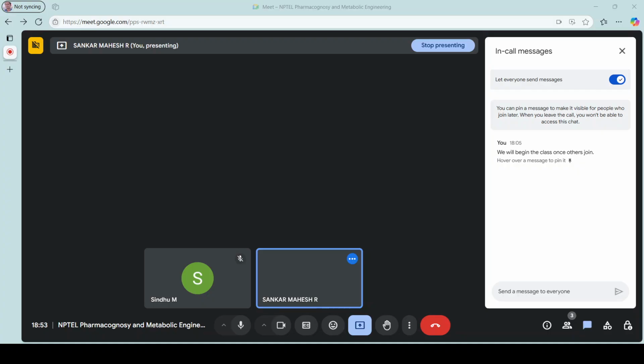The next question is, autooxidation of artemisinic acid gives rise to option A, arteannuin B, option B, artemisinin, option C, dihydroartemisinic acid, and option D, artemisinic alcohol.